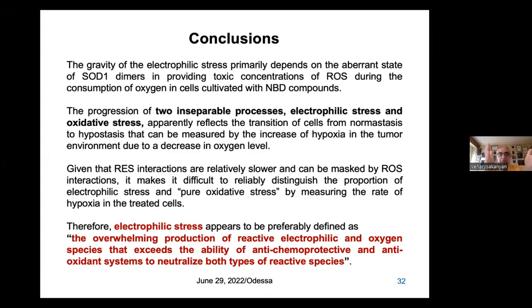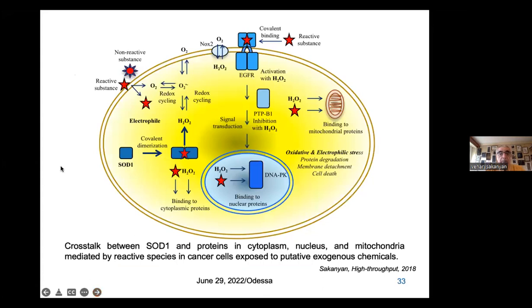However, we can suggest that in some cases, the formation of stable dimers of superoxide dismutase can help to make this distinction, because, as I mentioned, we observed the formation of stable dimers of superoxide dismutase during the action of our embedded compounds.